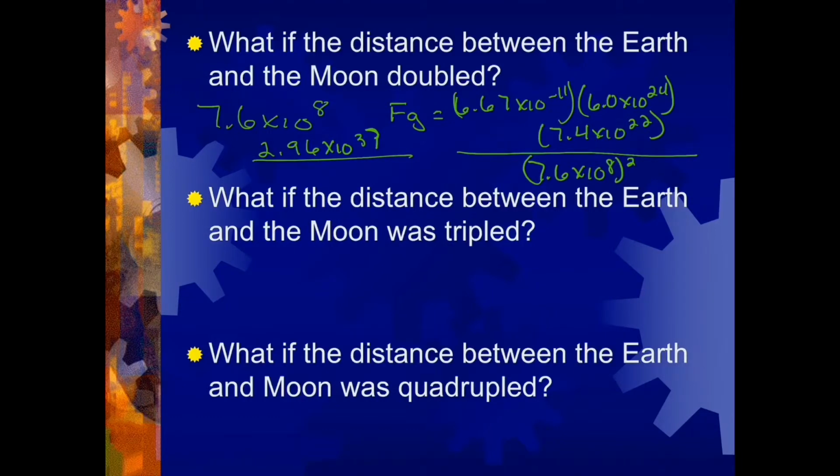So now let's take 7.6 times 10 to the 8th squared, and you should get something like 5.776 times 10 to the 17th.